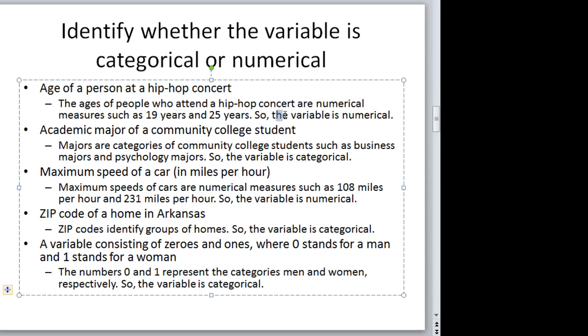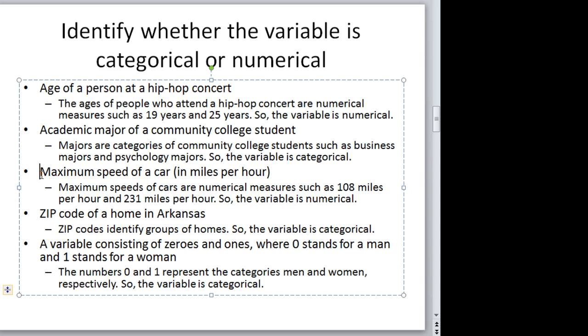So the variable age is going to be a numerical variable. What about the academic major of community college students? Academic major is non-number form, right? Different community college students have different majors, like business major, psychology major, and so forth. So it's going to be categorical, non-number form.